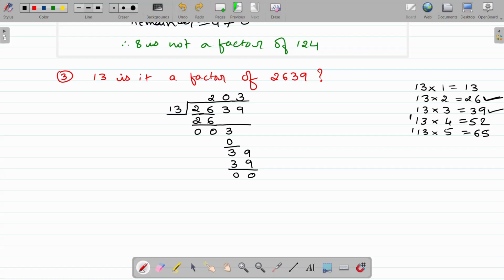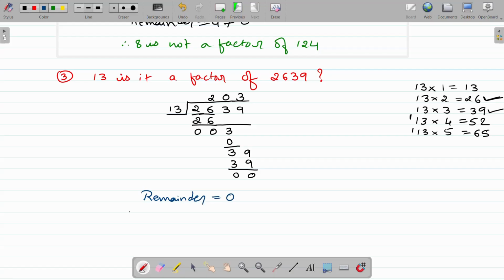Once you look at the third remainder, after that we don't have any digits here to divide. So because of that, we got the final remainder as 0. When we get a remainder as 0, we call that one a factor of the number. So because of that, we write here remainder is equal to 0.